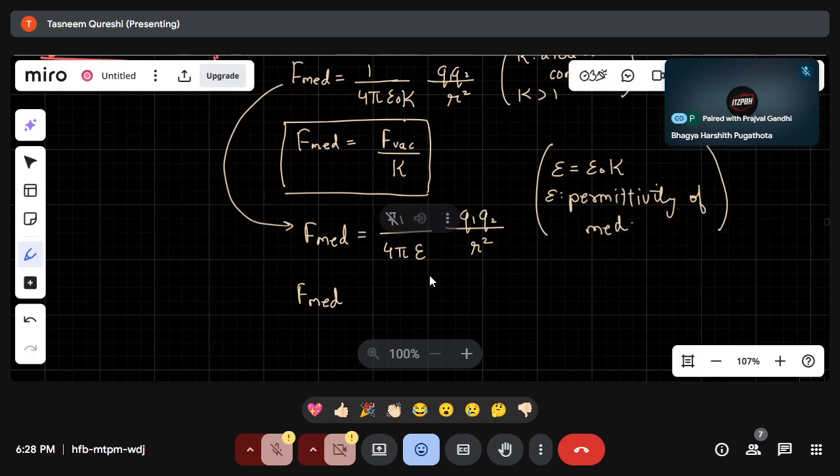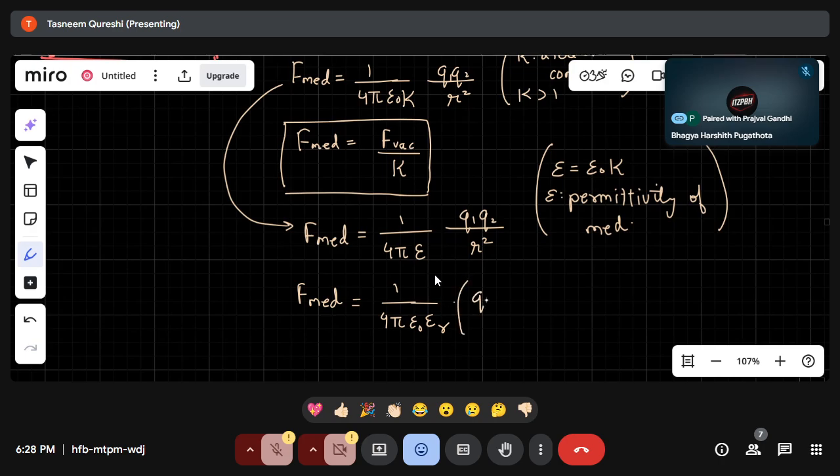So instead of this K, I will write epsilon R. This is your constant, 1 by 4 pi epsilon 0 epsilon R, and again we'll write the charges, q1 q2 by r square.